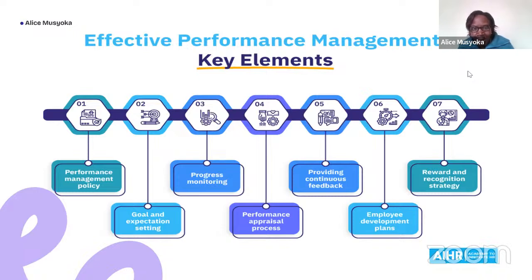You realize that an employee is not able to perform to the expected level. So you need to do performance coaching under step 3, and you need to have a tool for monitoring that performance. It could be a balance scorecard tool, or it could be any other tool that you have in the organization.